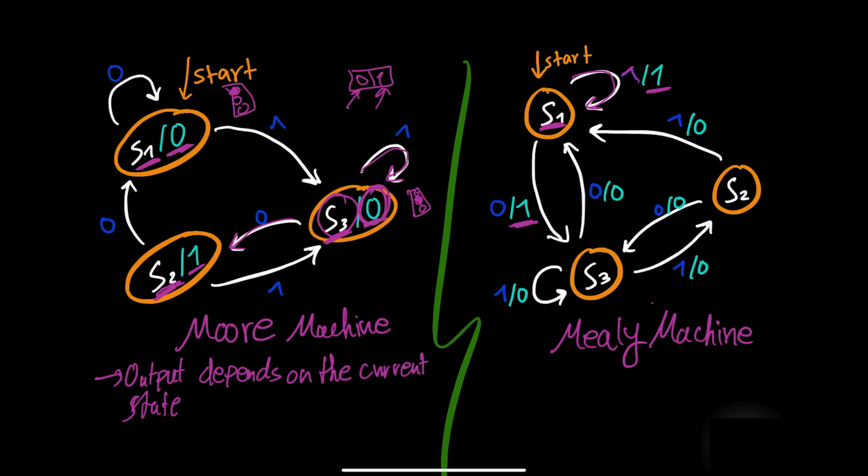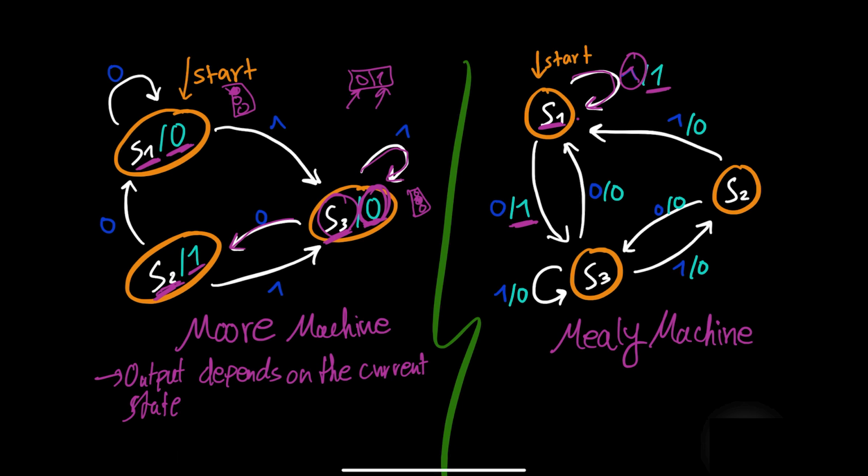Right here in the Mealy machine, we have many more possible outputs than in a Moore machine. And if you are in a specific state, let's say S1, you are not outputting something the whole time you are in that state. The only time the output happens is when you press the button. For example, here if you press the 1, you will get the output 1.